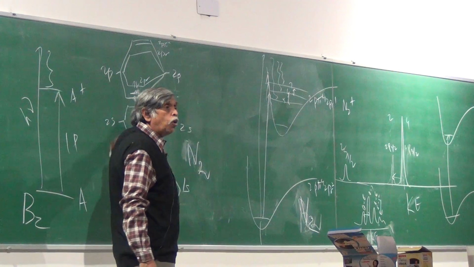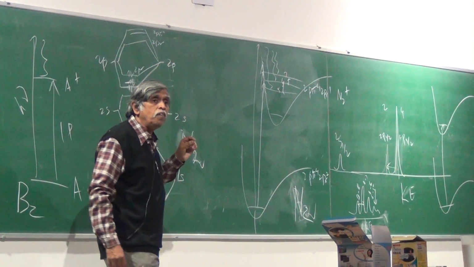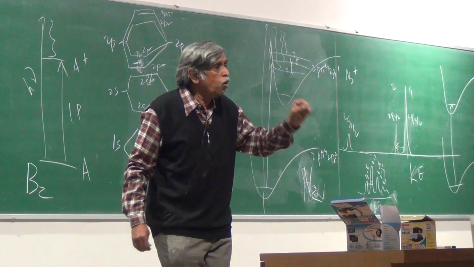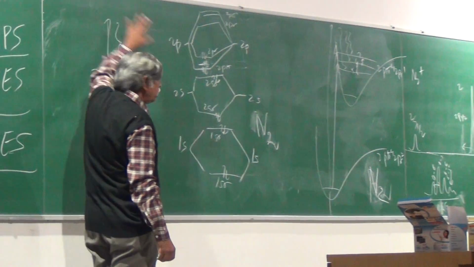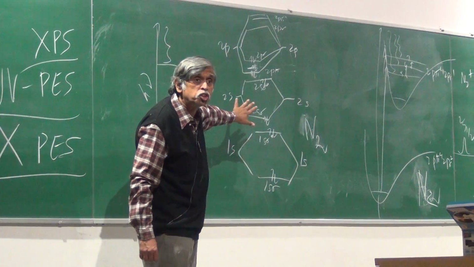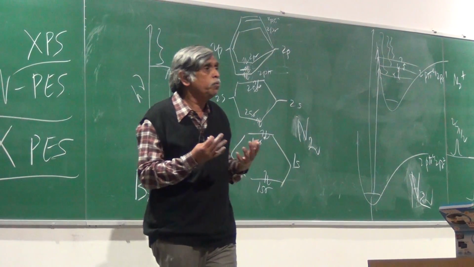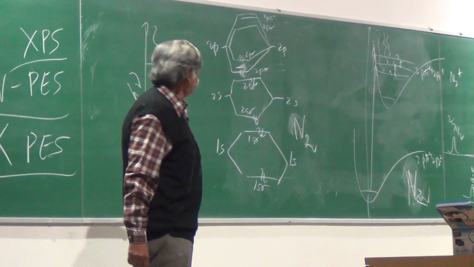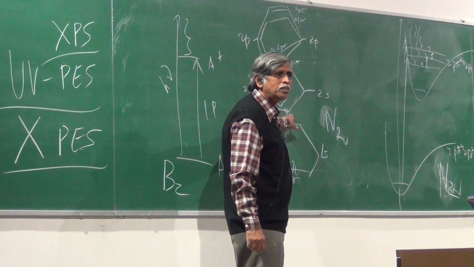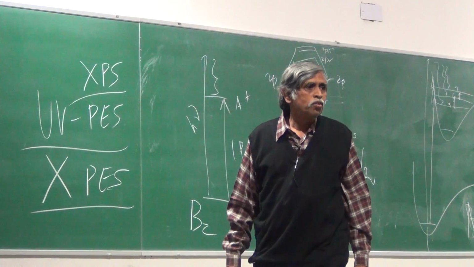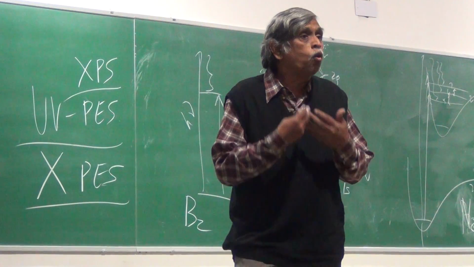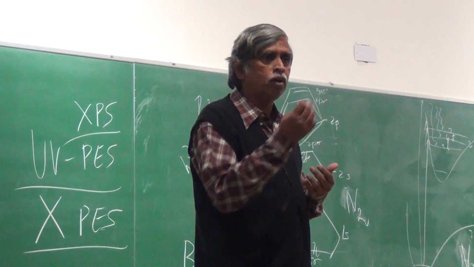And you will be able to see all those as much as the photon that you have used will allow you to see. Meaning, have energy this way, and all the orbitals can be ionized with that photon energy, you will be able to see. But if you want to see somewhere inside the core, then you have to get back and do X-ray photoelectron spectroscopy and look at the core molecular orbitals in that case.